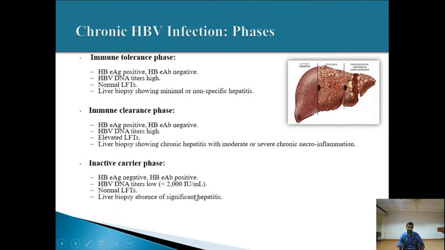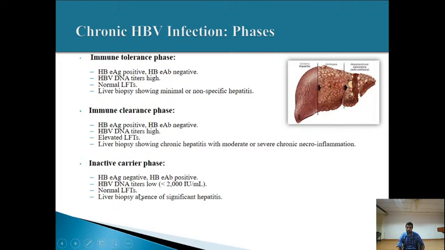What is the inactive carrier phase? In this patient, the immunity has successfully prevented the replication, not yet eliminated the virus totally, but successfully prevented replication. So the marker of replication, HBeAg, is negative, the HBe antibody is positive, DNA titers are low, and liver function tests are normal.